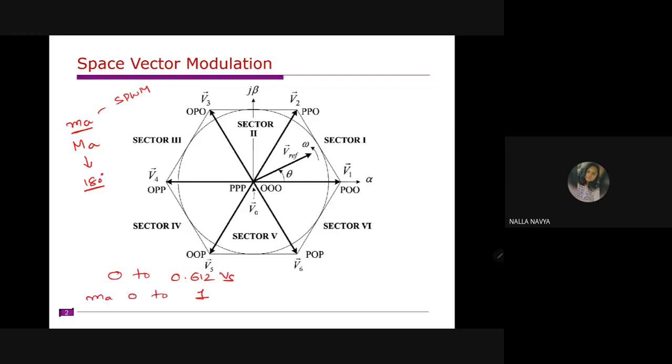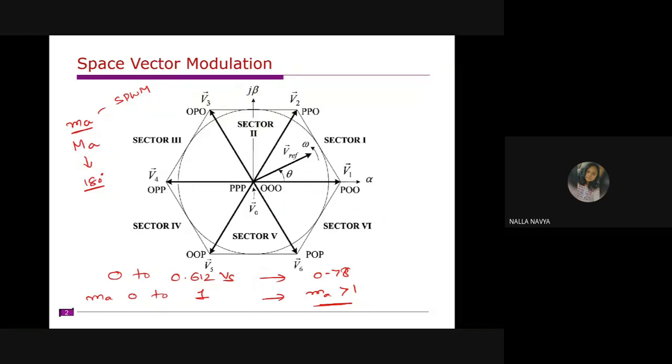The maximum voltage is 0.78, so in that case this MA is greater than 1. When the output goes from 0.612 to 0.78, the modulation index is greater than 1. Clear?